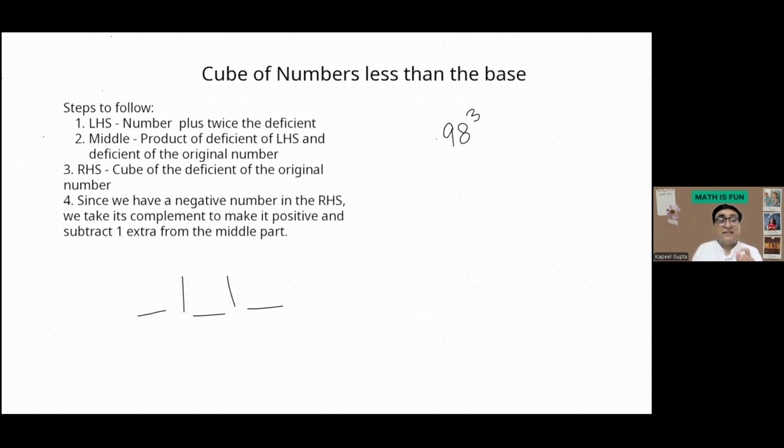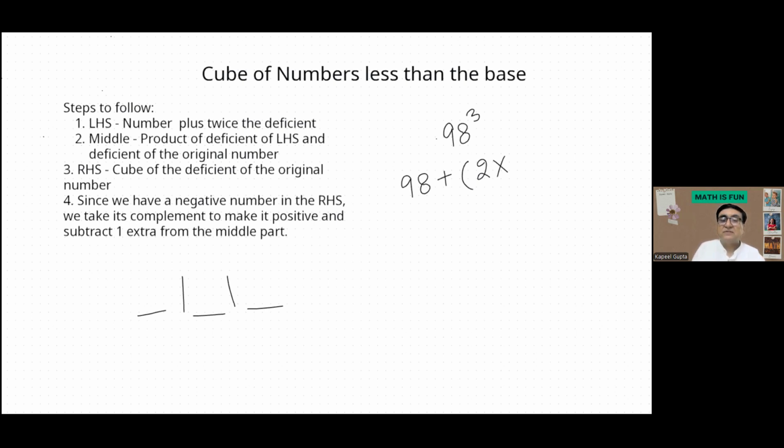Now understanding step number one, which says number plus twice the deficit. The number is 98, right? Plus twice the deficit. Now, the deficit of 98, so 98 minus 100, that is the base, becomes minus 2.